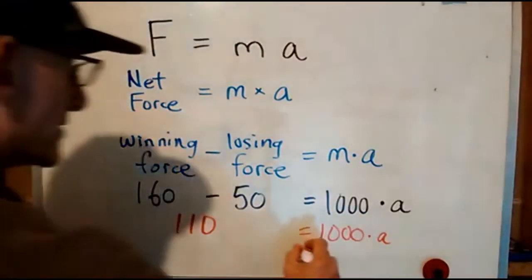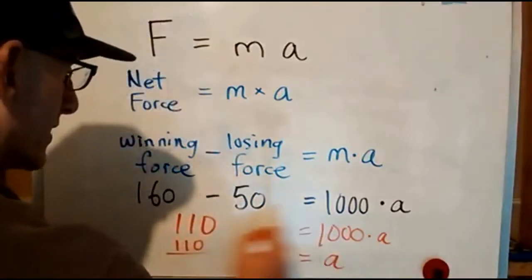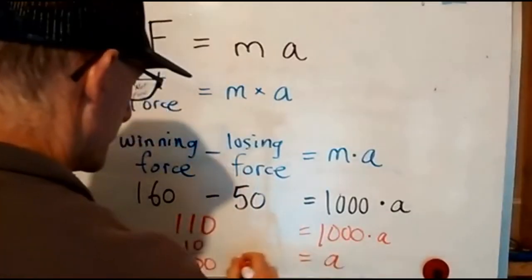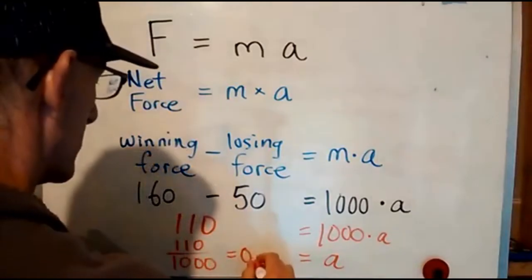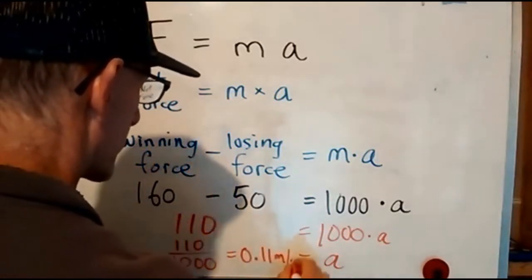Divide each side by 1,000, so the acceleration is 110 over 1,000, which happens to equal 0.11 meters per second squared.